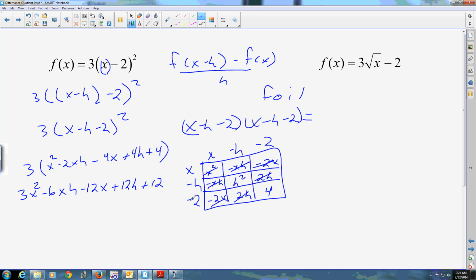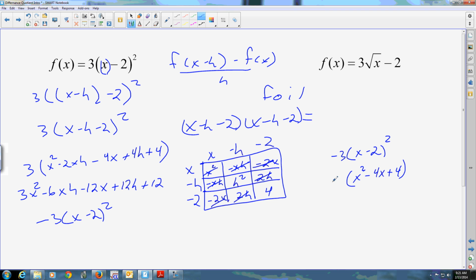Now I have to subtract the original function from it. So I have to subtract 3 times (x minus 2) squared. I have to expand that. There's no nice way about it. I showed you a shortcut for this: you square the first thing, multiply the two terms together and double it, then square the last thing.